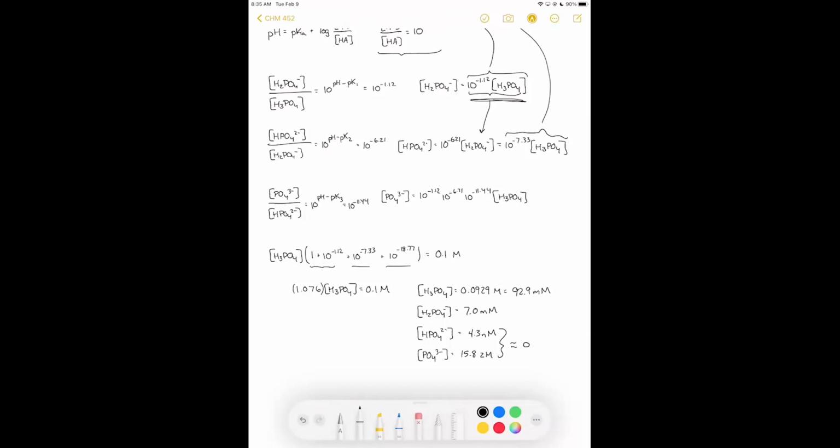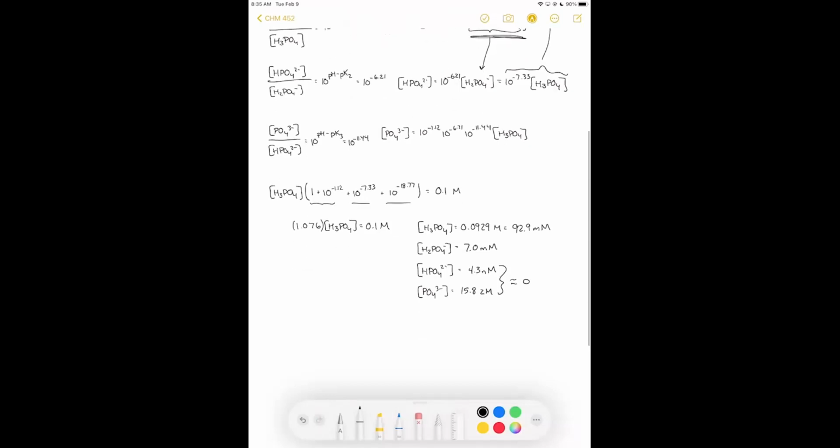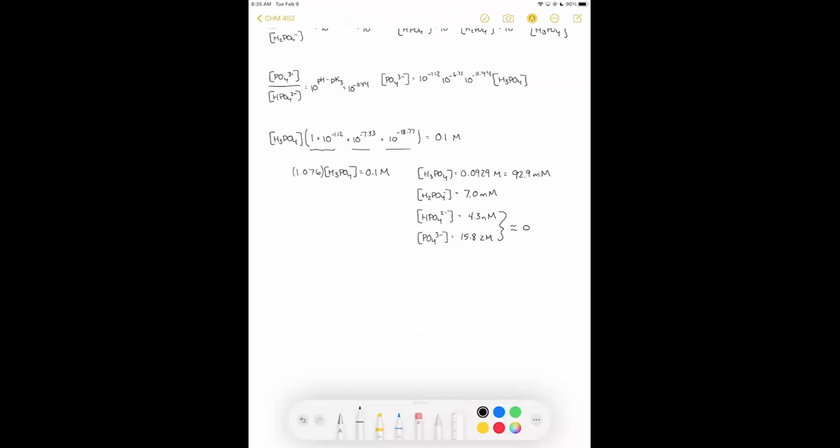Now, to do this for all the other pHs, it's very straightforward. All I need to do is change the pH. So I had this pH that went into every single equation, and all I need to do is change that number. I'm not going to go through the math in too much detail, but what we would get is the same thing at the end of the day.